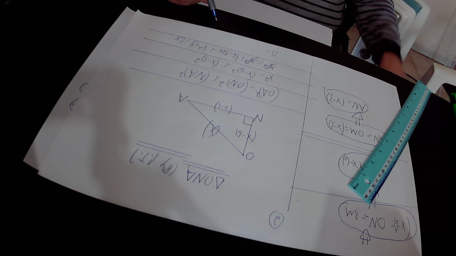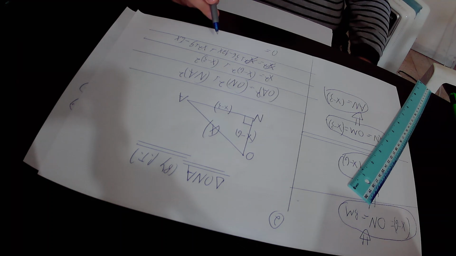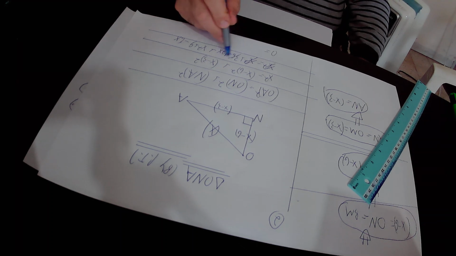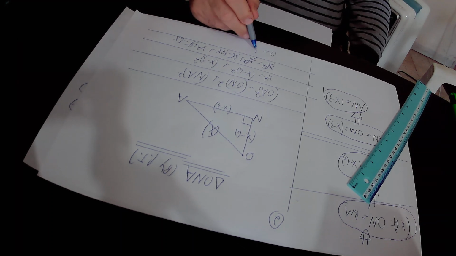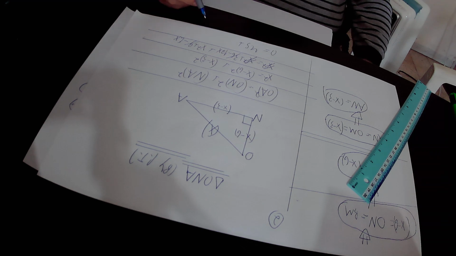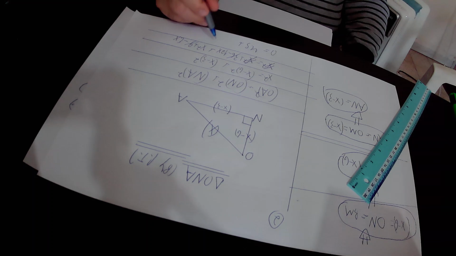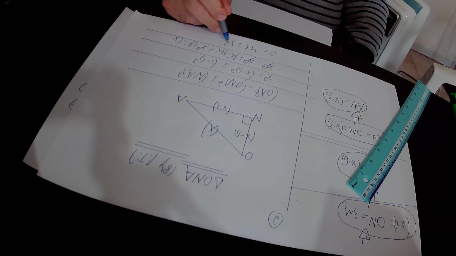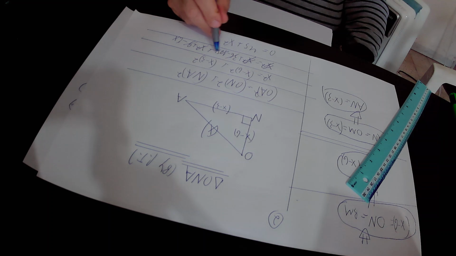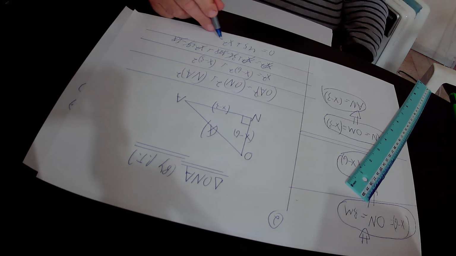That equals, here we have 36 plus 9 is 45, plus x squared, minus 12x minus 6x is minus 18x.